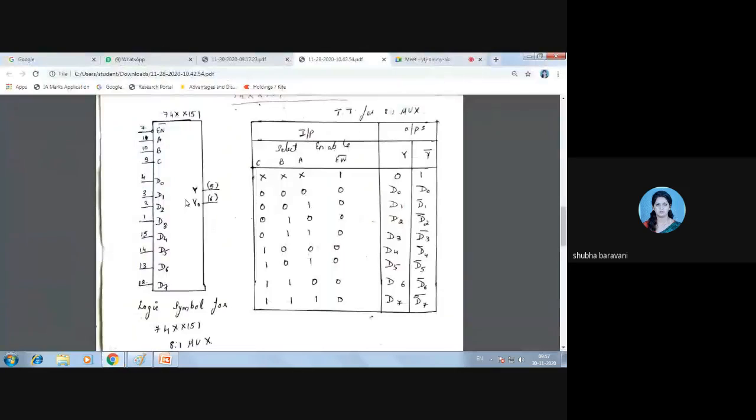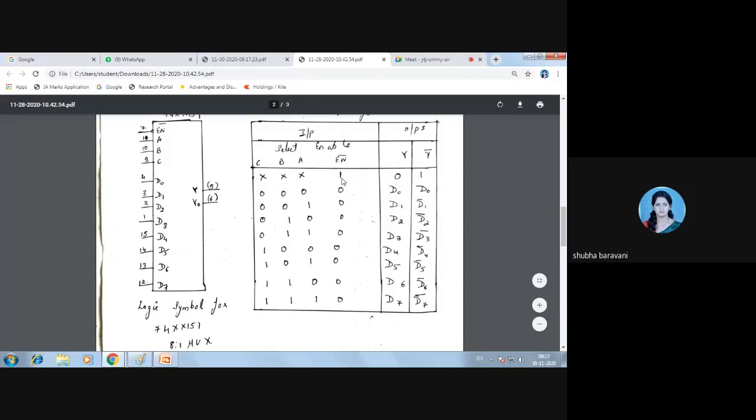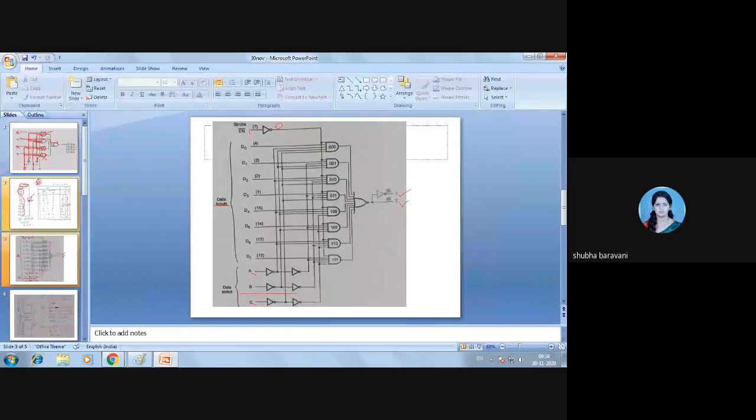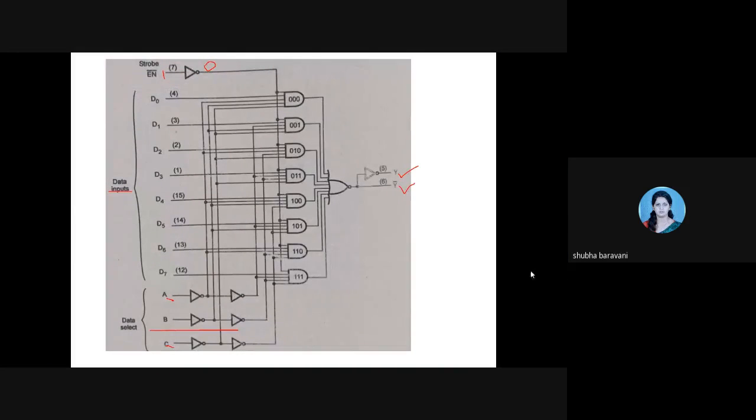So see, if your enable is 1, what does this function table say? It says if your enable bar is 1, your output Y will be 0 and Y bar is 1. If your enable is 1, after inversion you will get 0. It means for all the AND gates one input will be 0. So if one of the AND gate's inputs is 0, your output will be 0.